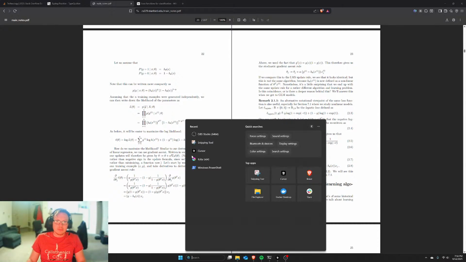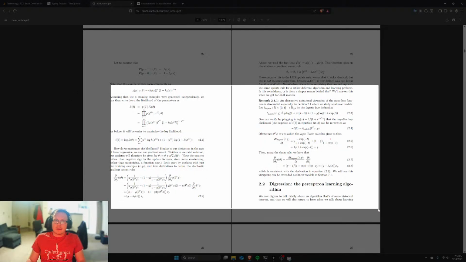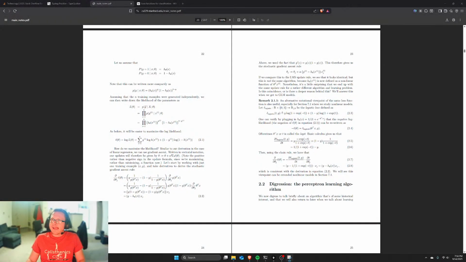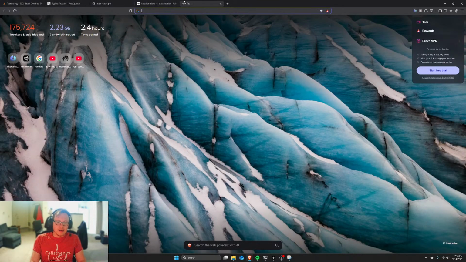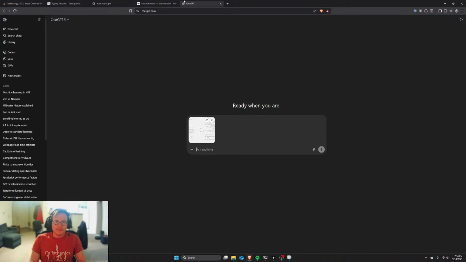Can you tell me a bit more about this loss function? Oh no, I did that all wrong.